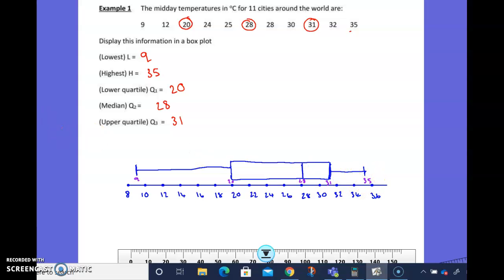We then need a title. What's this talking about? It's talking about the temperatures, the midday sun for 11 cities. So this is midday temperature.